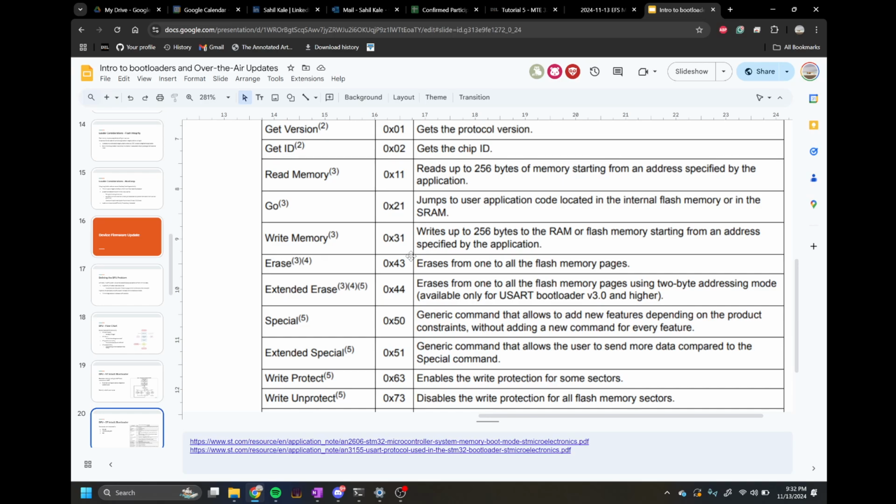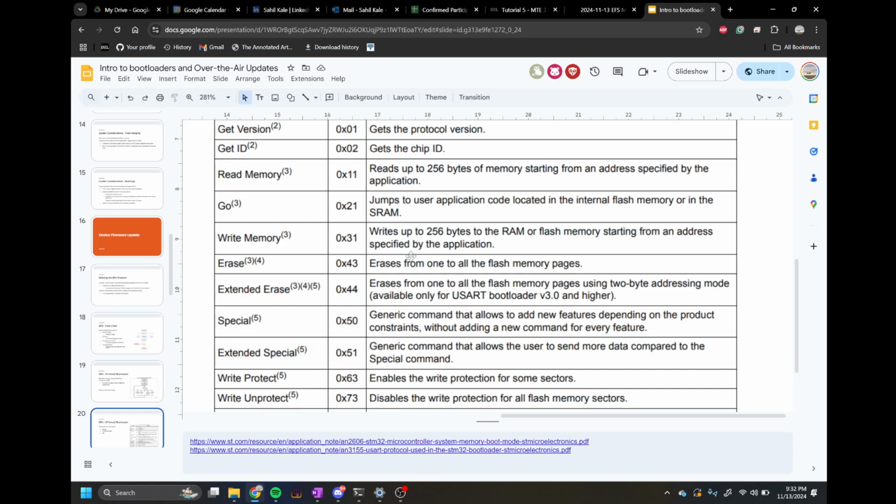And so, yep. Why 256? Ask ST. It's just a limitation that they've set, 256 bytes. They're the ones who can give you the answer to that question. But anyway, you can write up to 256 bytes starting from an address. If I'm going to guess or speculate, my guess is that that's probably the size of a page that it can erase.